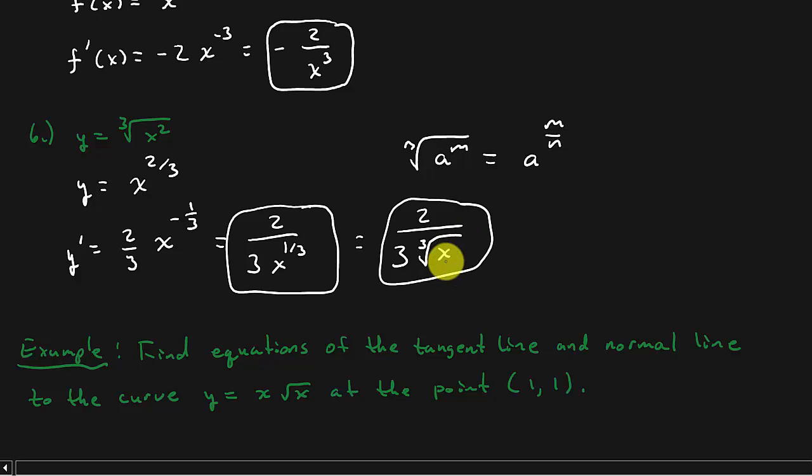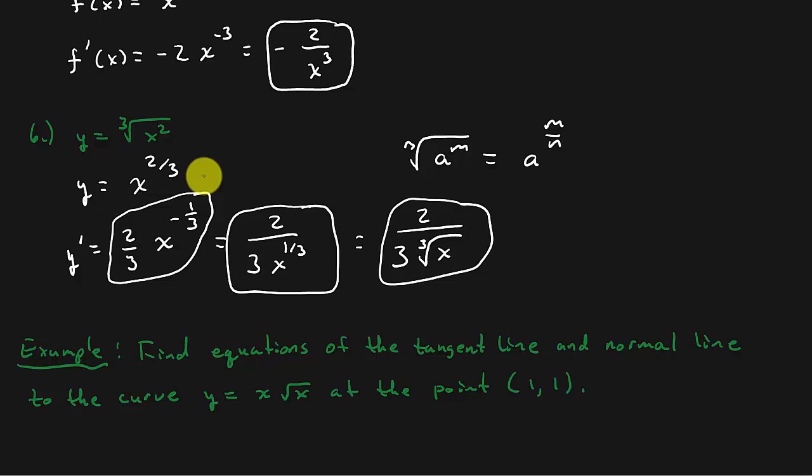As far as rationalizing the denominator, just do whatever your teacher tells you to do. Some teachers may just say, hey, leave it like this. It depends on what teachers you have. So all 3 of them are correct.